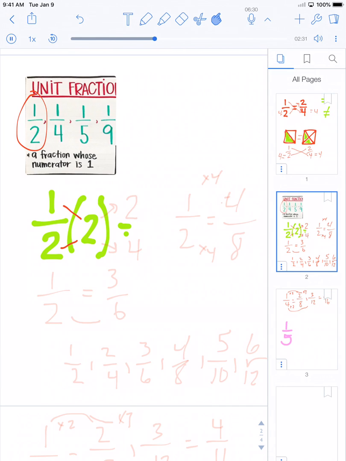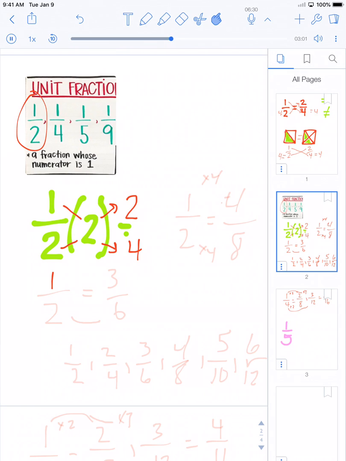So 1/2, if I want to make an equivalent fraction, I just have to multiply both the numerator and the denominator by the same number, and that'll give me my answer. So 1 times 2 is 2, and 2 times 2 is 4. Now, I did this by writing it down, 1/2 times 2. You don't have to. If you can do it in your head, that's fine.